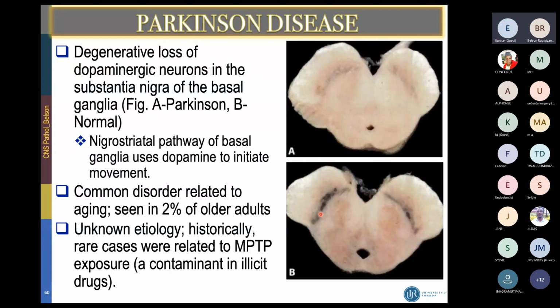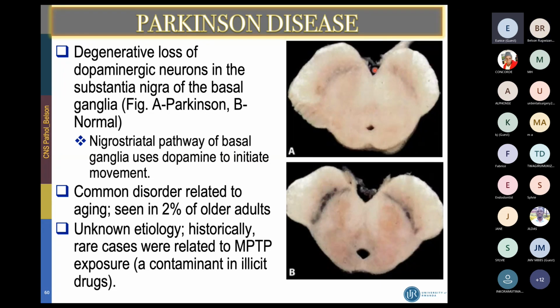Twari nitwo bita substantia nigra. Nigra means black. So there is a black substance inside the white matter. That is in normal conditions, as you can see here, in the basal ganglia. But when there is Parkinson disease, this substantia nigra is not seen because the neurons are lost.